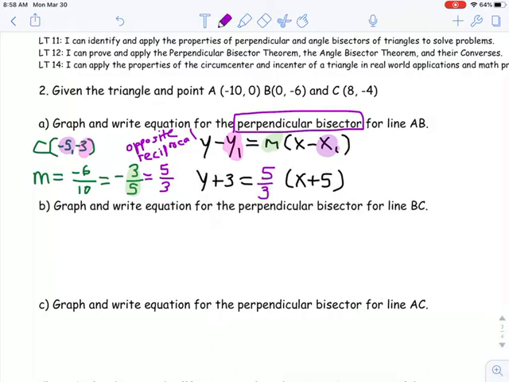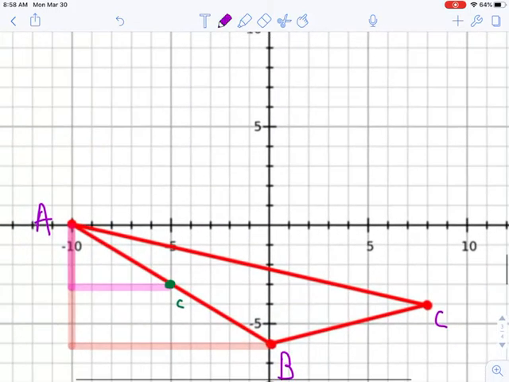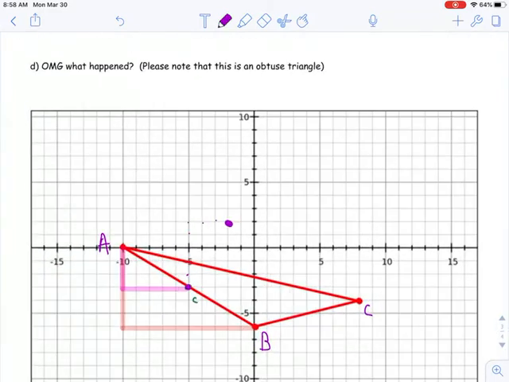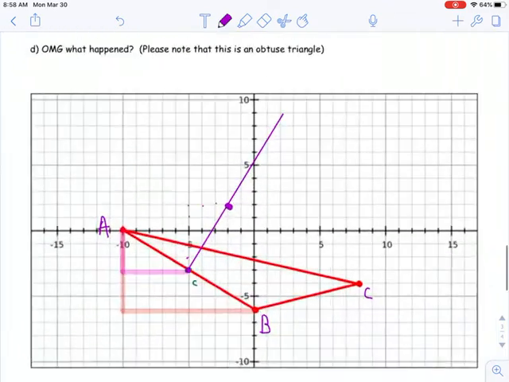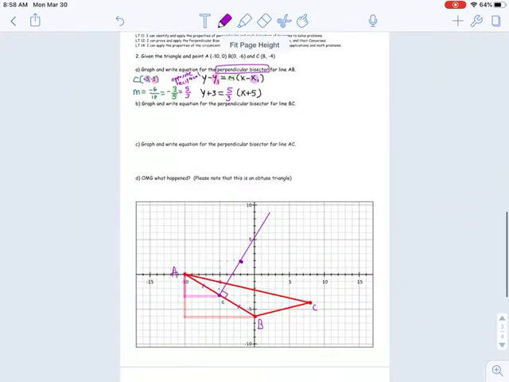We want a perpendicular slope because we want a perpendicular bisector. So from point C right here, I'm just going to go up 5, right 3, and then I'm going to make a nice line right through all that. Okay, and this purple line is perpendicular to AB, and it bisects it, hence perpendicular bisector.